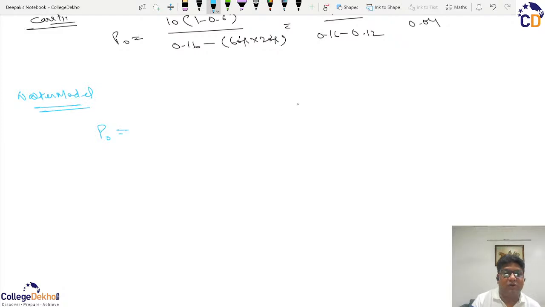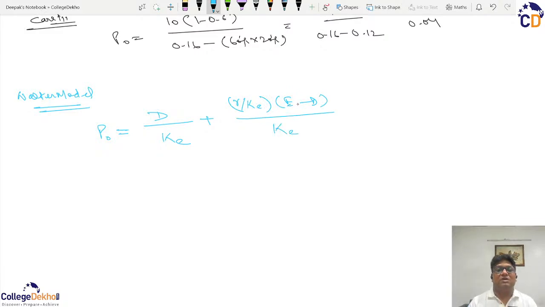As per the Walter model, the P0 will be equal to D upon KE plus R divided by KE multiplied by E minus D upon KE, with the symbols denoting the same things as earlier: D is the dividend per share, E is the earnings per share, R is the rate of return on investment, and KE is the cost of equity.